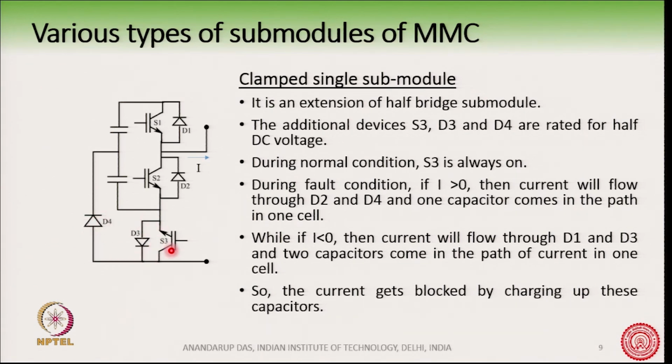They are all rated for half the DC voltage. Okay. Now, during normal operating condition, this switch S3 is always turned on. Okay. So, this point is connected to here, and so there is absolutely a half bridge operation of this converter.